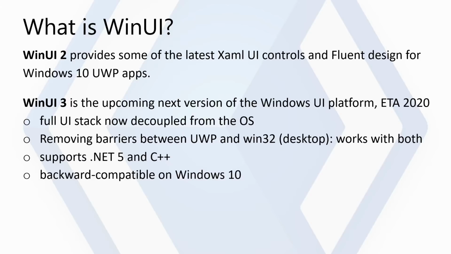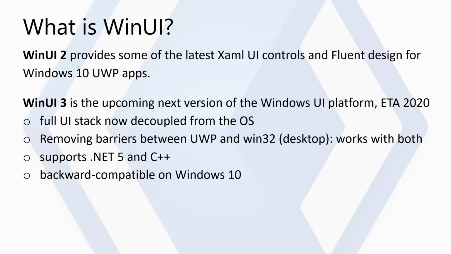We have a bunch of goals with this. We're trying to remove the barriers between UWP and Win32 apps so that you can use the modern WinRT APIs as well as all of the existing Win32 APIs, and that's what Miguel is going to be talking more about later in the call. We're also supporting the latest .NET 5 as well as C++, especially C++/WinRT, which is the latest C++17 compliant ISO C++ standard.